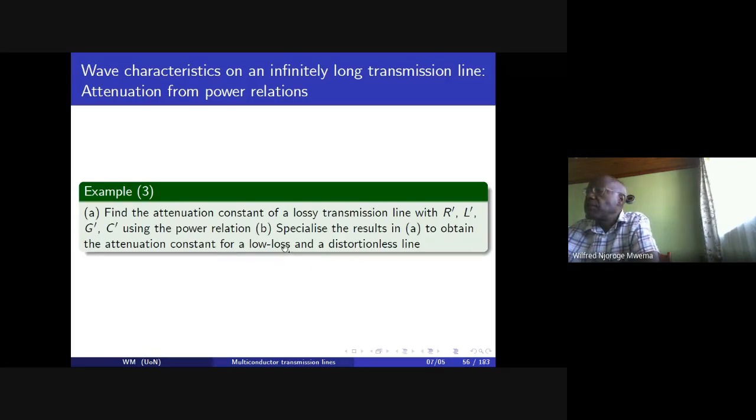For low loss, all we are saying is that R prime is much smaller than omega L prime, and G prime is much smaller than omega C prime, so to speak. Distortionless, remember, is when the ratios of the per unit length parameters that we are interested in must be equal.